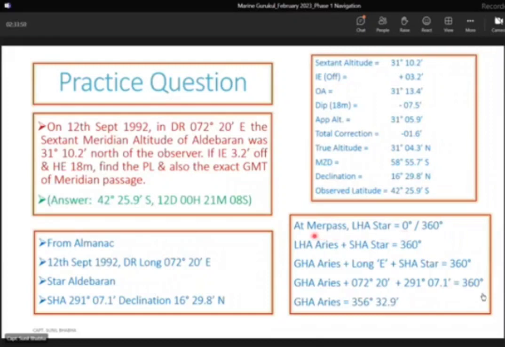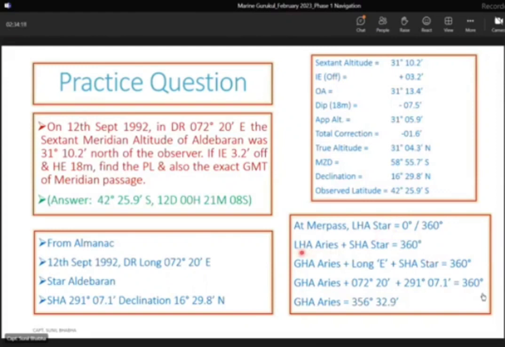At the time of meridian passage, the body is on the observer's meridian, so the angle between the meridian of the observer and the meridian of the body is 0. Or you can take it as 360 degrees, both mean the same thing. So LHA star is equal to 0 or 360.